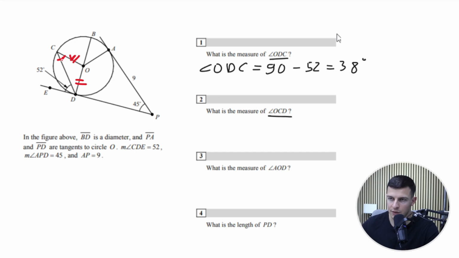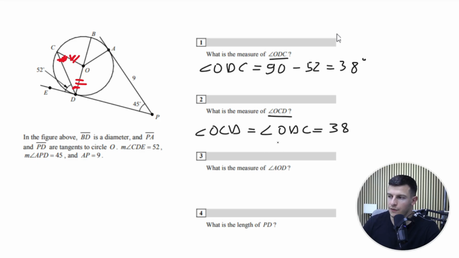That means the base angles should be the same. So this angle right here should be equal to this angle. We already know ODC is 38, so angle OCD is equal to angle ODC, and that's also going to be equal to 38.